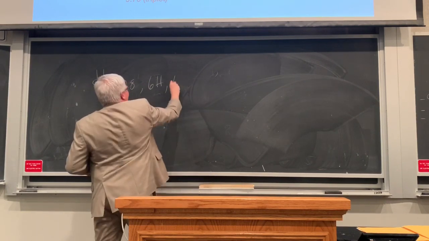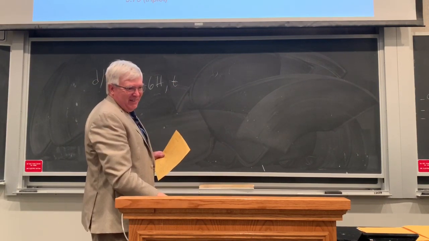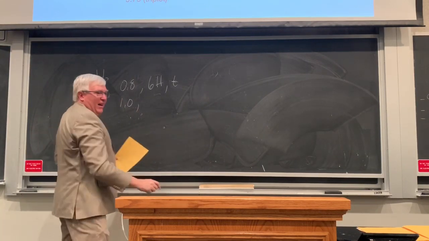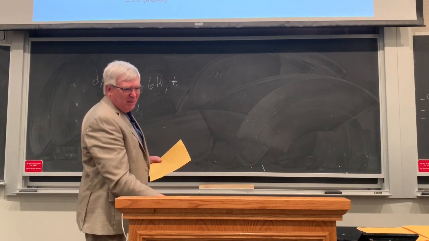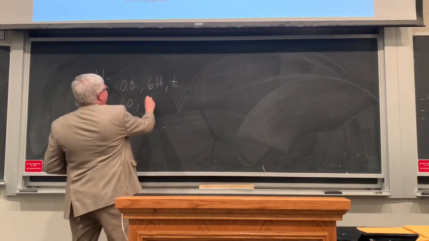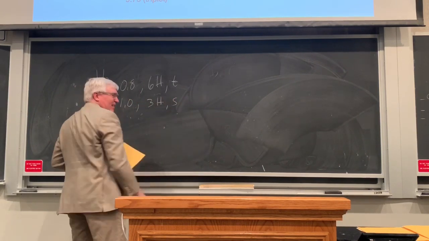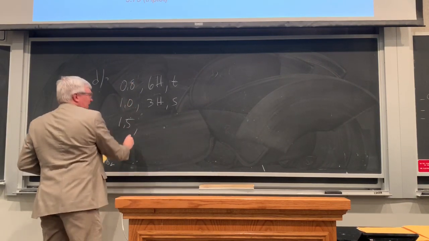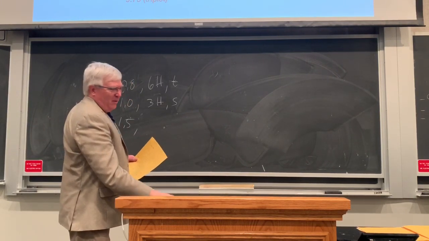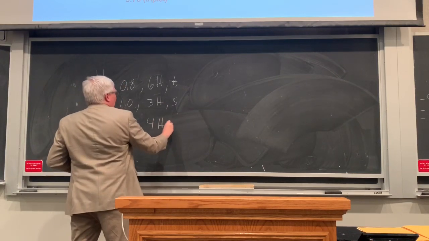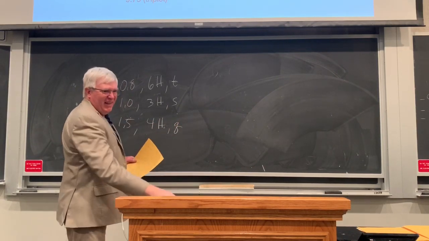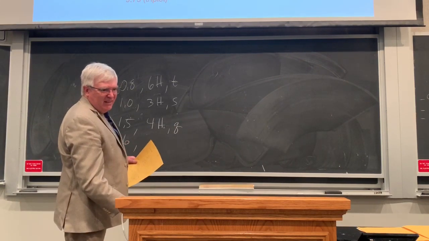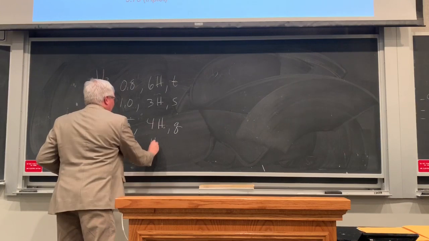Triplet. Okay. And what do we have at 1.0? Sorry, I'm looking back and forth here. 3H singlet. There's four here. This one's a little bit harder, I think. 1.5, and we've got a 4H quartet and 1.6, sorry, 1H singlet.